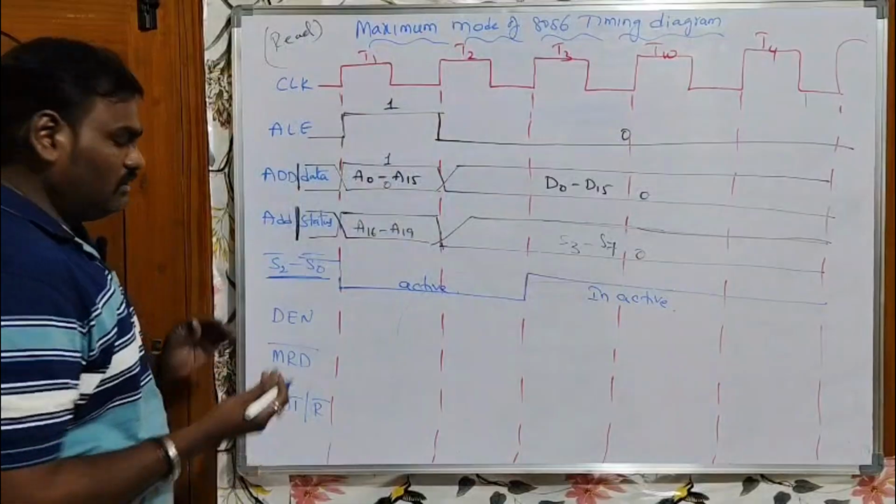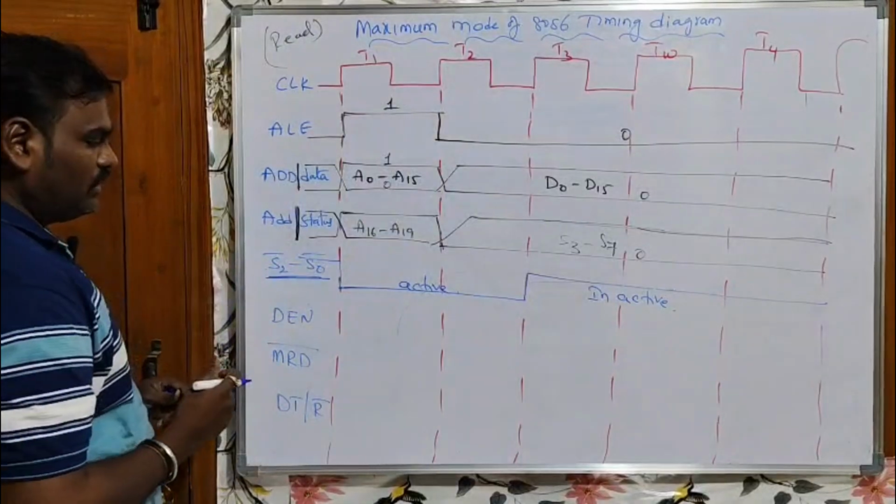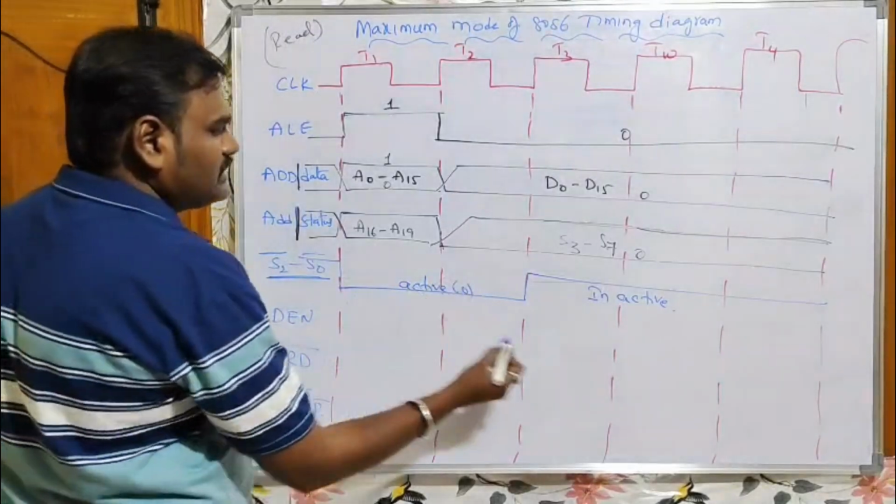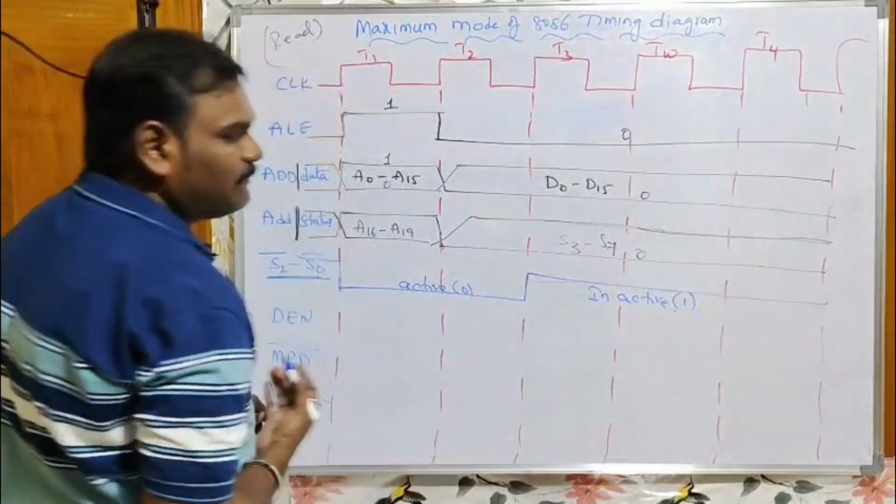As it is a low signal, we need to draw 0, then only it is active. If we place 1, these are inactive.